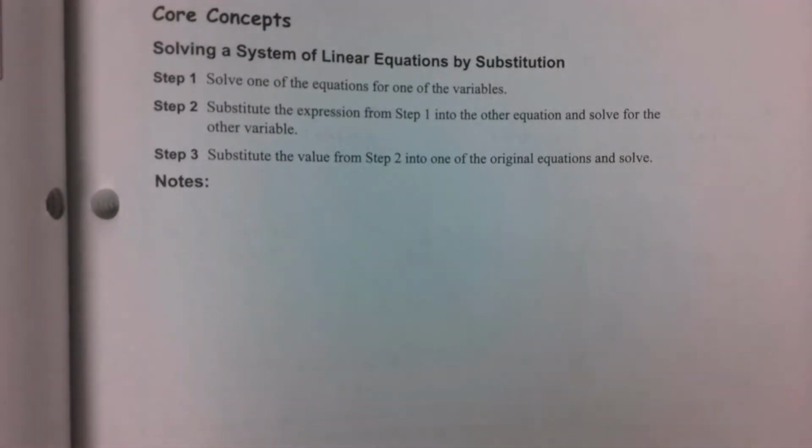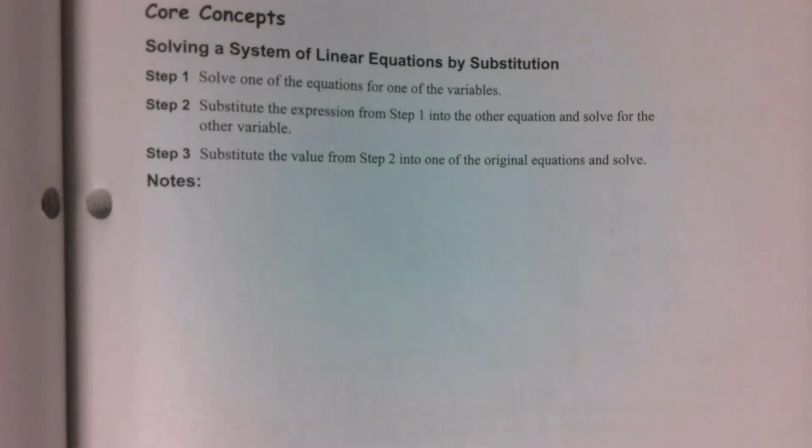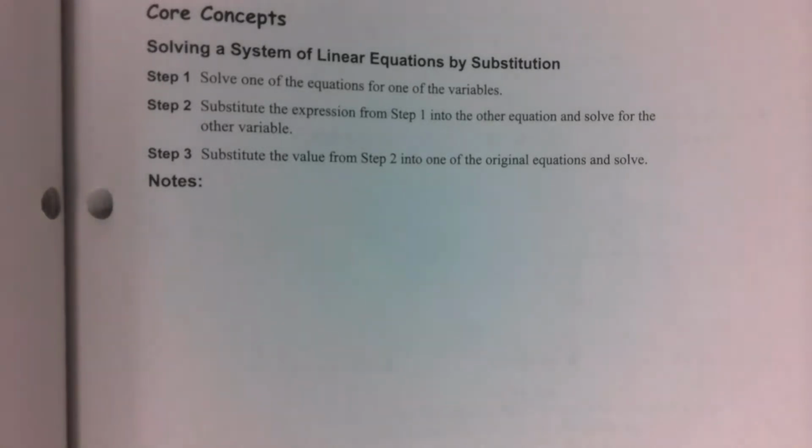The key is, if you find this confusing, flip back to page 139 and look at these 3 steps. These will help you get started and show you how to finish the problem. Sound good? Alright, in that case, let's get started with one of these.